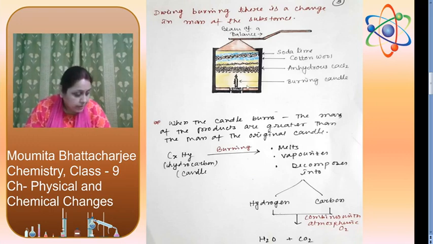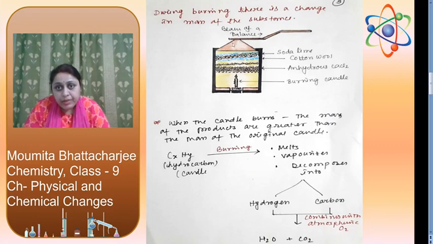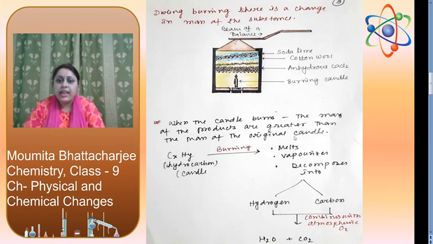Now, what will happen? When the candle is lit, the whole apparatus is suspended from a beam balance, and when the candle is burned, it is observed that the weight of this apparatus will increase, because when the candle burns, the mass of the products is greater than the mass of the original candle.